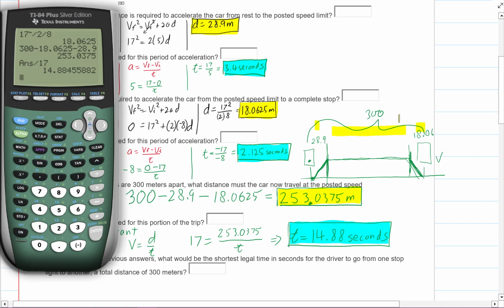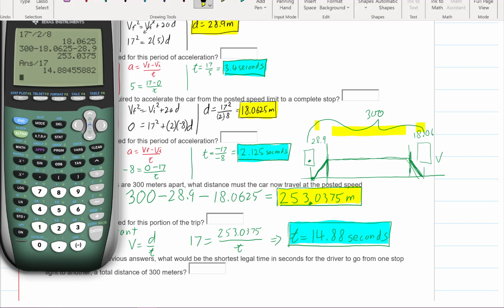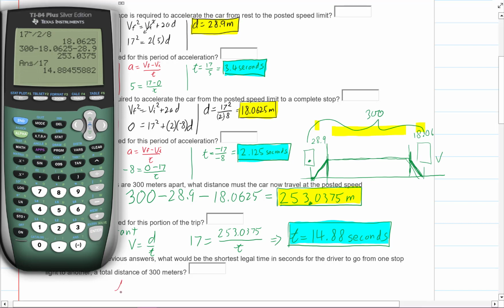And the time, if we add up all these times, then we get the time for the whole trip. And the time for the whole trip will be 3.4 plus 14.88 plus 2.125.